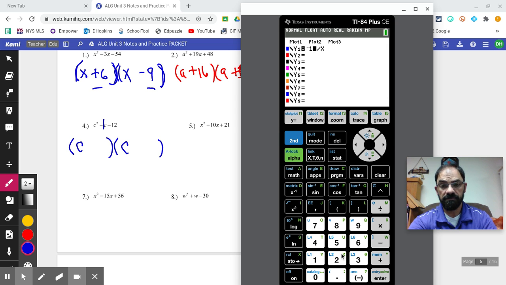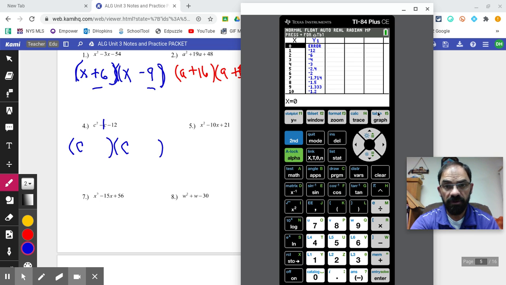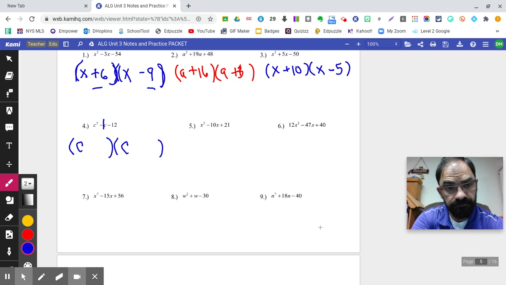Negative 12 divided by x. We're looking for negative 1. And 3 and negative 4. They add to get negative 1. They multiply to get negative 12.